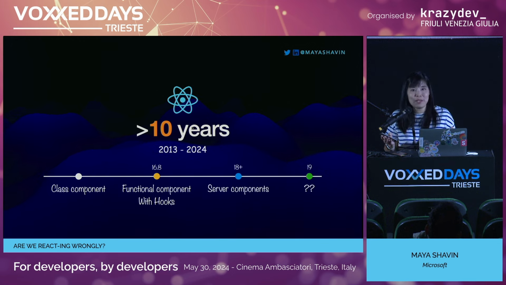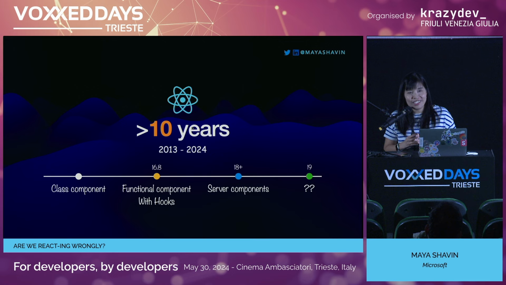Everyone was so happy, it's so sweet. Everyone started writing functional components with hooks everywhere. Then last year, React released another version, which I like to call the grown-up version, or 18 plus. We call it server components. Whether or not server components are a good release, I leave for another speaker to explain. I'm not touching it.